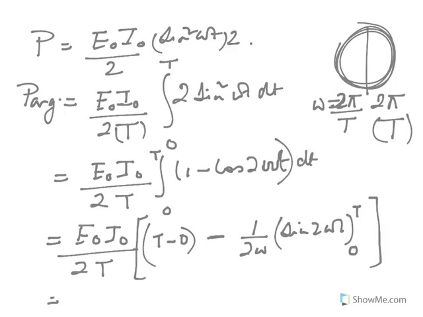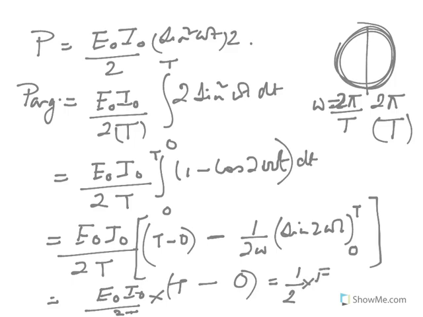So we see that this term is equal to t. So E0 I0 by 2t into t minus this part, which becomes equal to 0. So your average power is equal to half into E0 I0.